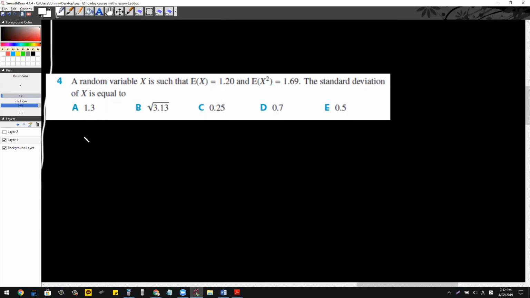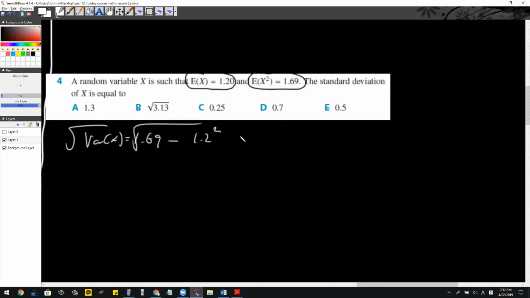So random variable x is such that this one and this one, the standard deviation is equal to. Well, that's very simple, right? So this is 1.69 minus 1.2 squared. That's the variance. Variance is that one minus that one squared. So what is the standard deviation? That's just the square root of these two, right?